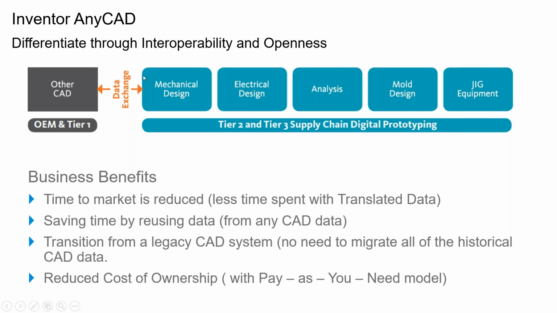The way it can work is, you can directly integrate with your OEM or your tier 1, tier 2 industries without having to invest in a very costly solution just to read those original data. So with Inventor AnyCAD, I can actually use the actual data, exchange the data and achieve any of these manufacturing workflows using Inventor.